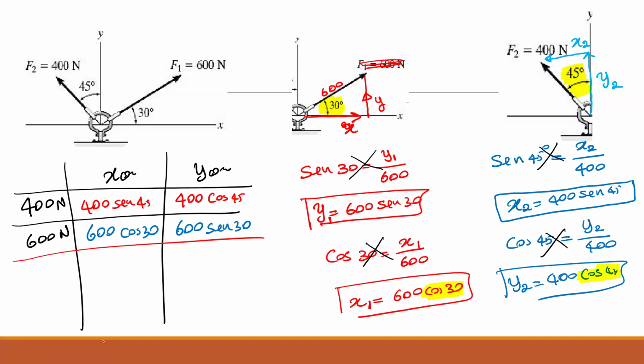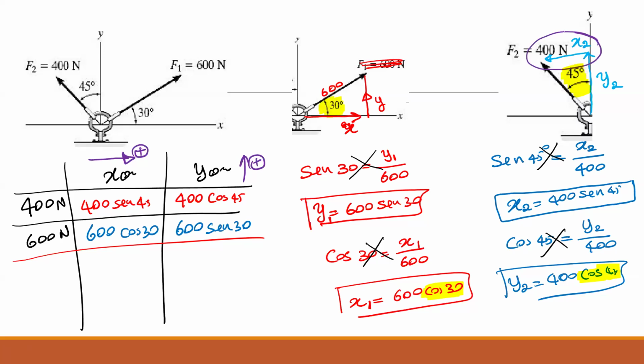Now we have to put the right sign. X is measured towards the right as positive. Y is upward positive. For the 400, is the x component a positive or negative value? Is that arrow towards the right or left?